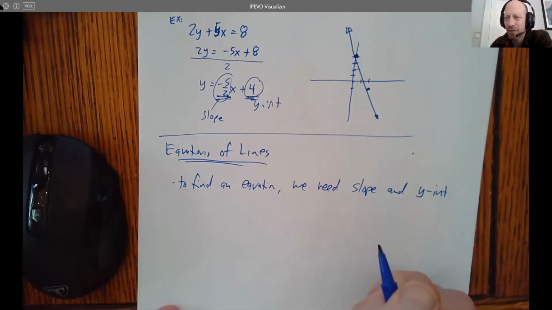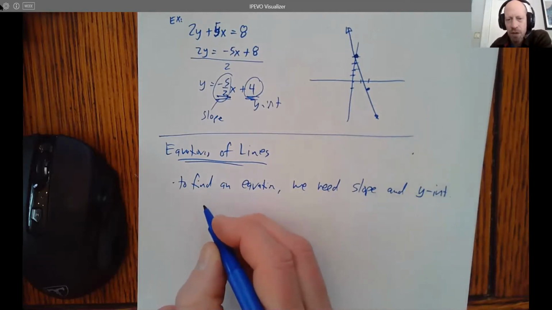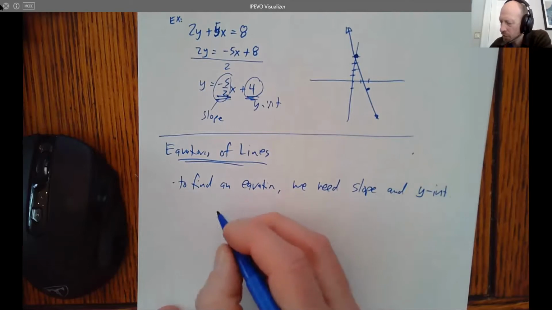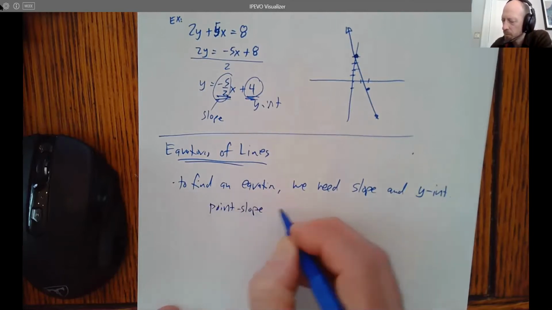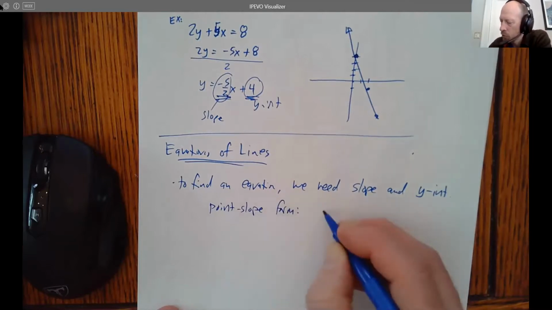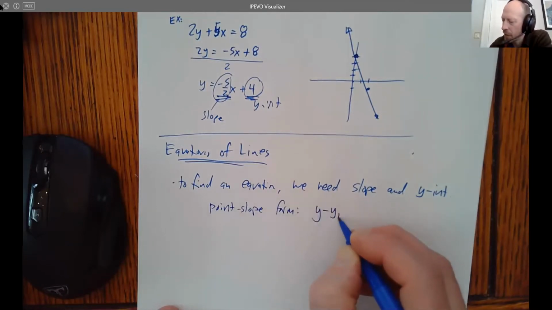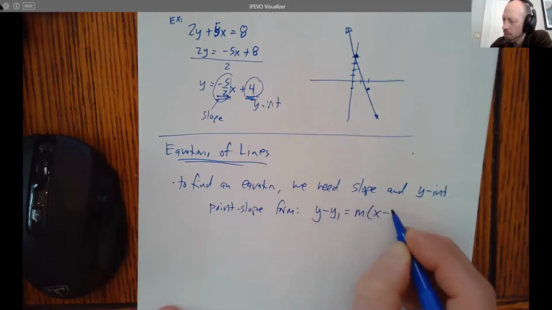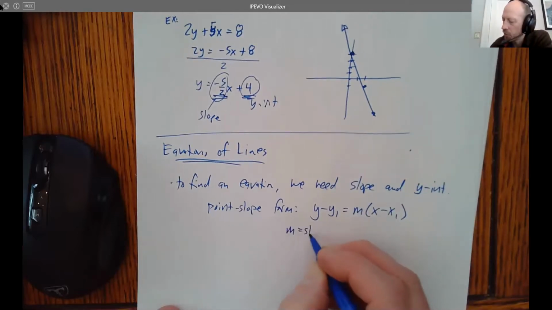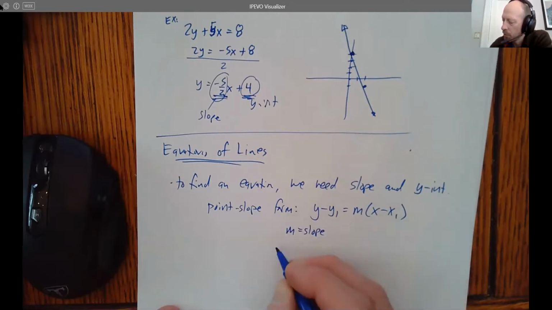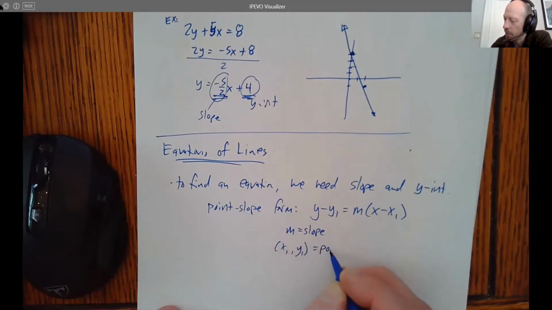Now, I'm not always given that information, so I have to be able to find it or calculate it. And so one common way is to use what's called the point slope form, which is this: y minus y1 equals m times (x minus x1), where m equals the slope and (x1, y1) equals a point.